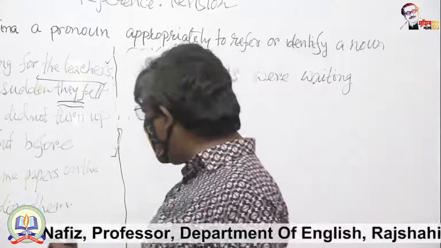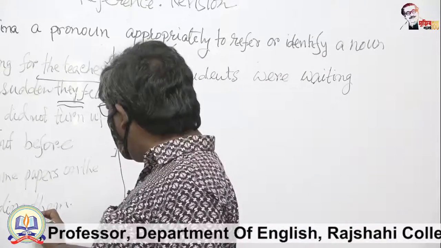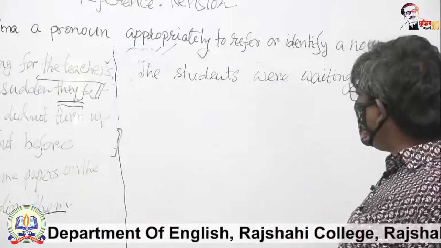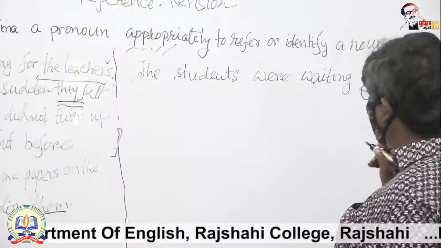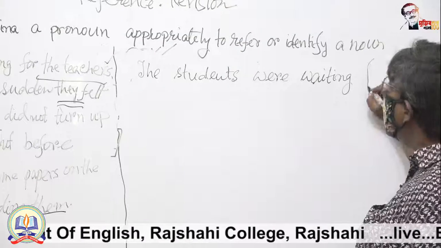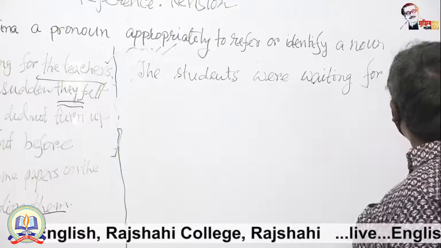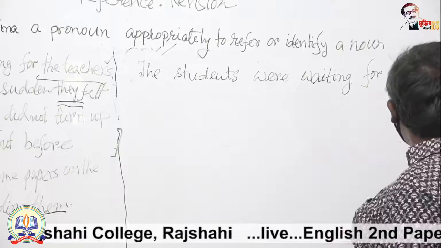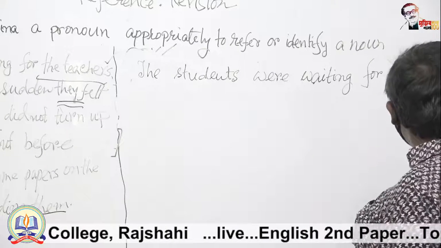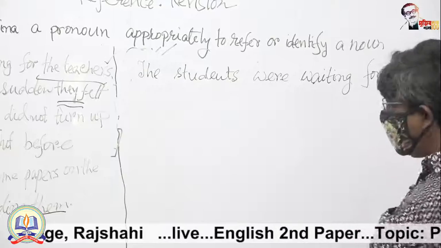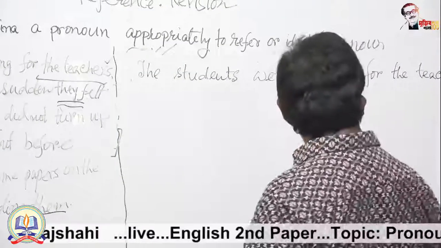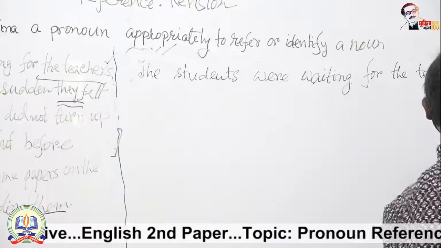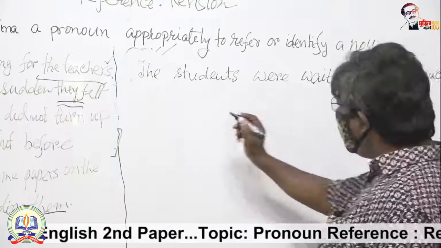We have another pronoun them at the end of the passage. The students are waiting for the teachers. There is no complexity of any pronoun in the first sentence. We have pronouns in the next one, in the ground.